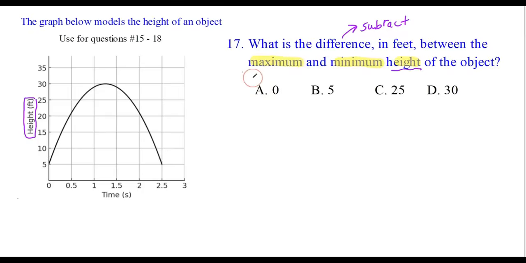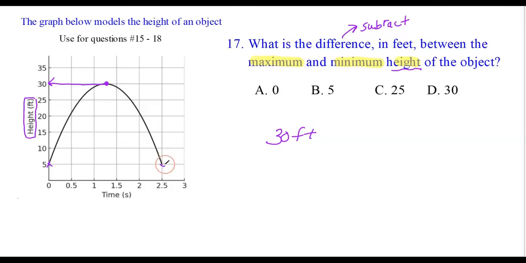So let's do that. Let's start with the maximum height. I'm going to go from left to right. The maximum height now, not time, but height, is over here. It's 30 feet. That's the maximum right here. And what's the minimum height? Well, let's see. The minimum height is here, right?